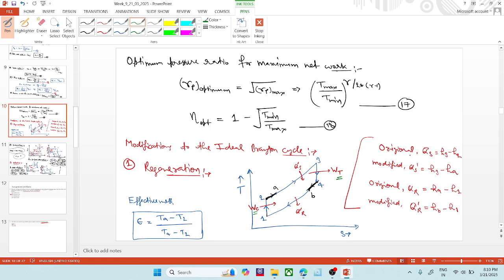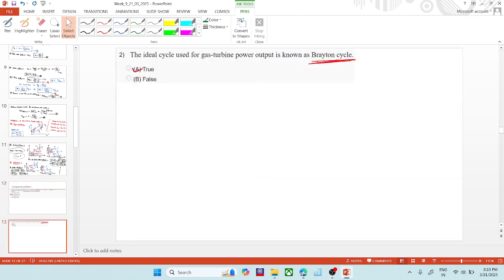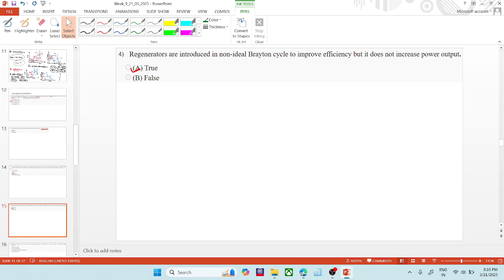Only the efficiency will be increased as the heat rejected is decreased, and the heat added is decreased. Both the heat supplied and heat rejected decrease. That is why the efficiency will be increased and there would be no effect on the net work output. So this statement is true.